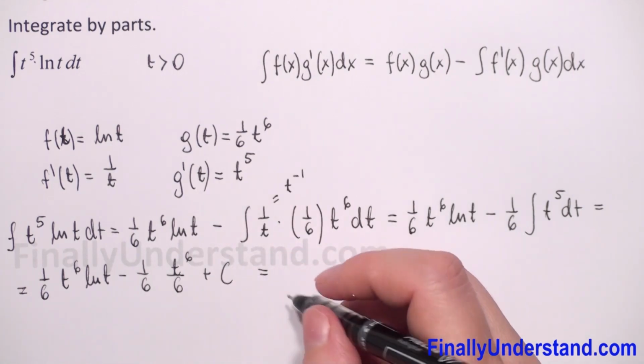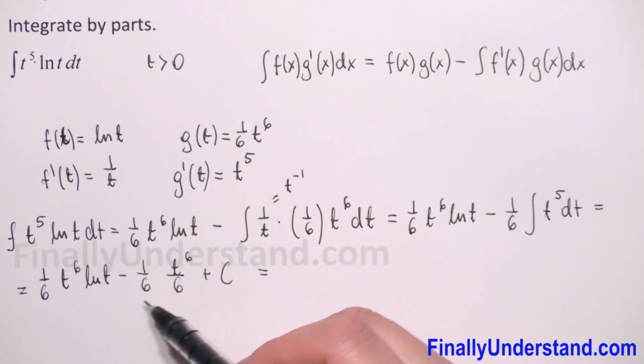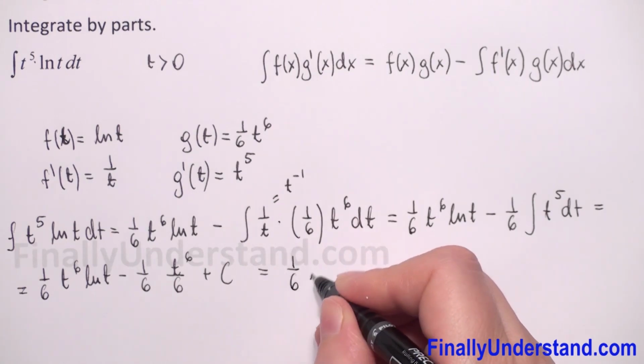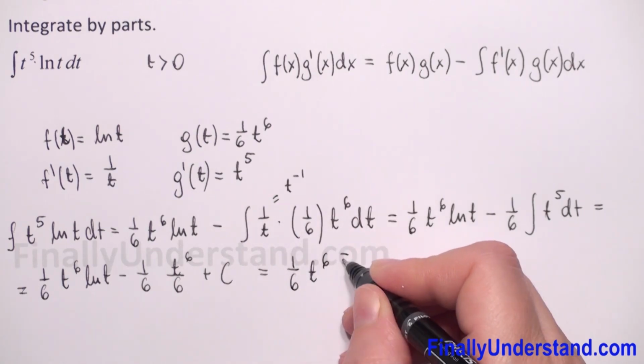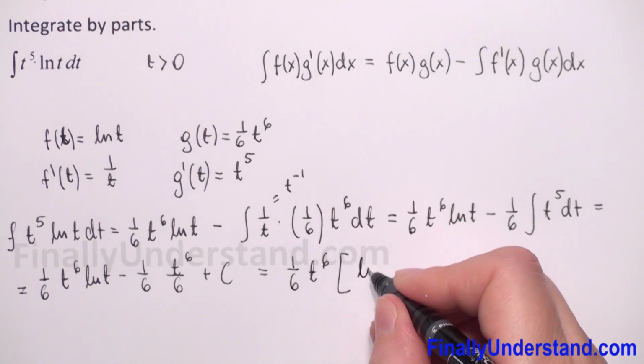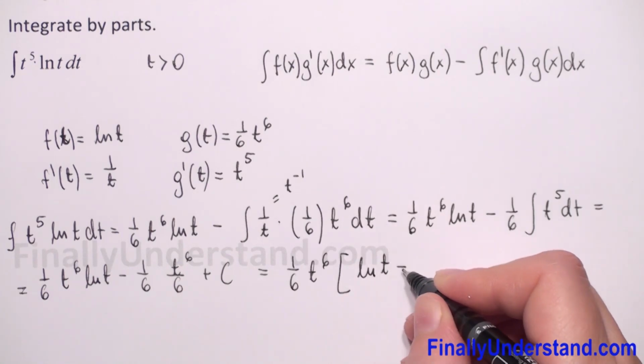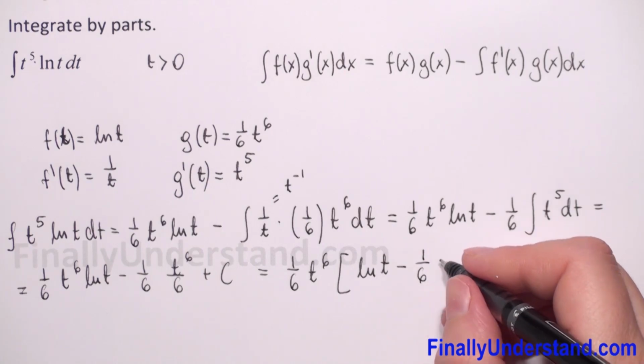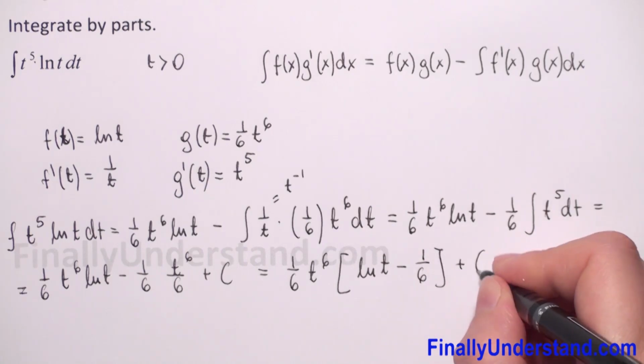So this is equal, we can factorize 1 over 6 times t to the power 6 and in brackets we will put natural logarithm of t minus 1 over 6 plus constant c.